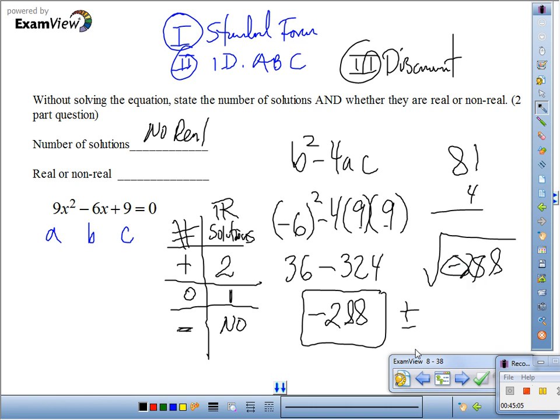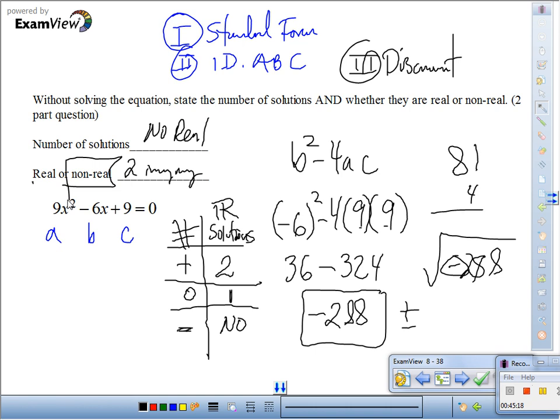Tell your neighbor what this is, please. I, that is correct. So that means we're going to end up with two imaginary or two non-real solutions. You can do either two imaginary or two non-real. Plus minus whatever imaginary or complex.